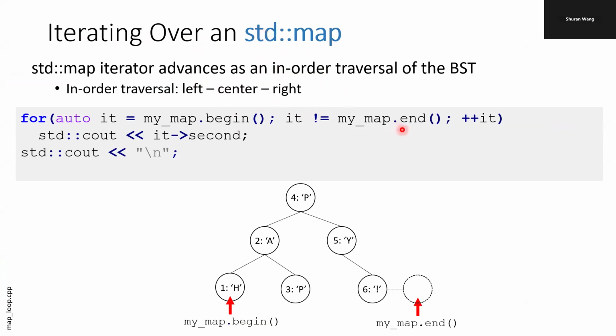Because for the binary search tree, the left is always less than the center, and center is always less than the right. So the mymap.begin is the leftmost node, and mymap.end is one after the rightmost node of the binary search tree.